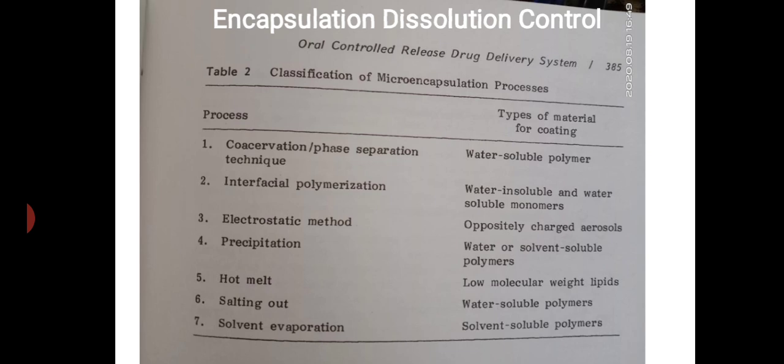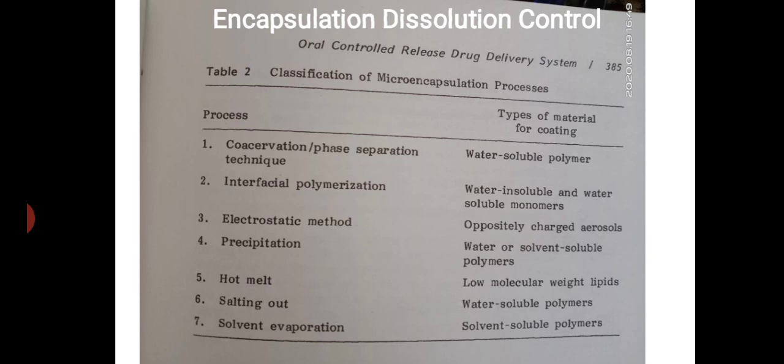The coacervation method uses water-soluble polymers, interfacial polymerization uses water-insoluble polymers, the electrostatic method uses oppositely charged aerosols, precipitation uses water or solvent-soluble polymers, hot melt uses low molecular weight lipids, salting out uses water soluble polymers, and solvent evaporation uses solvent soluble polymers.